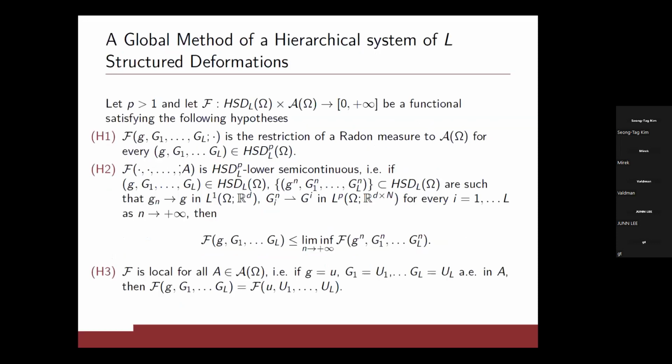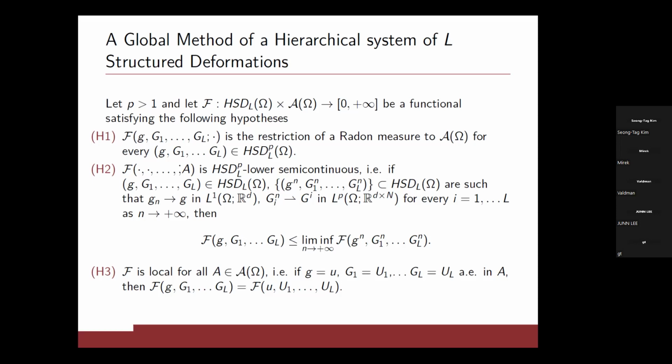The point is also that in principle, it is possible to consider 2 or L level, 3 or L minus 1 level of structure, L plus 1 level of structured deformation.